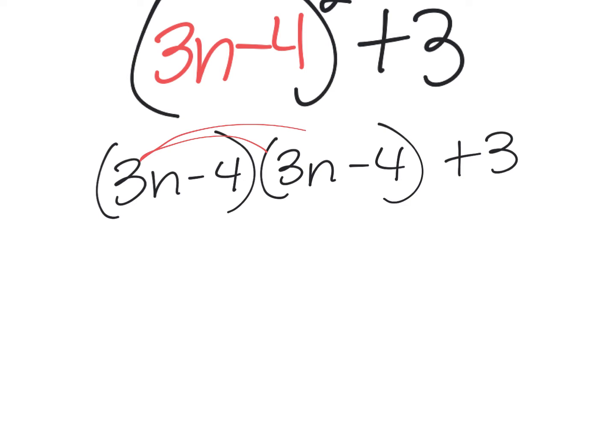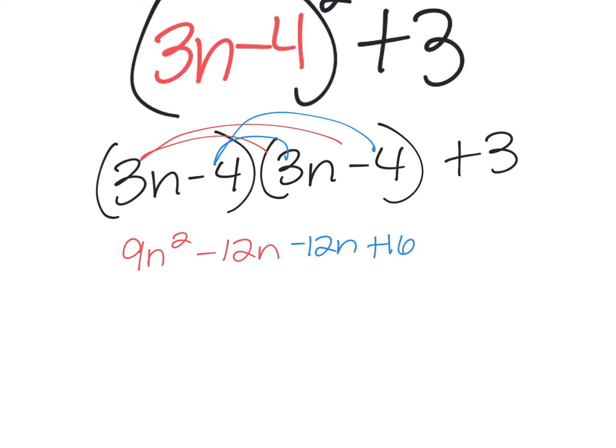So we got to distribute this 3n. That would give me 9n squared. 3n times -4 is -12n. Now we're ready to distribute the -4, so that gives me -12n right there. -4 times -4 is +16. And then I'm going to drop down that +3 on the outside.